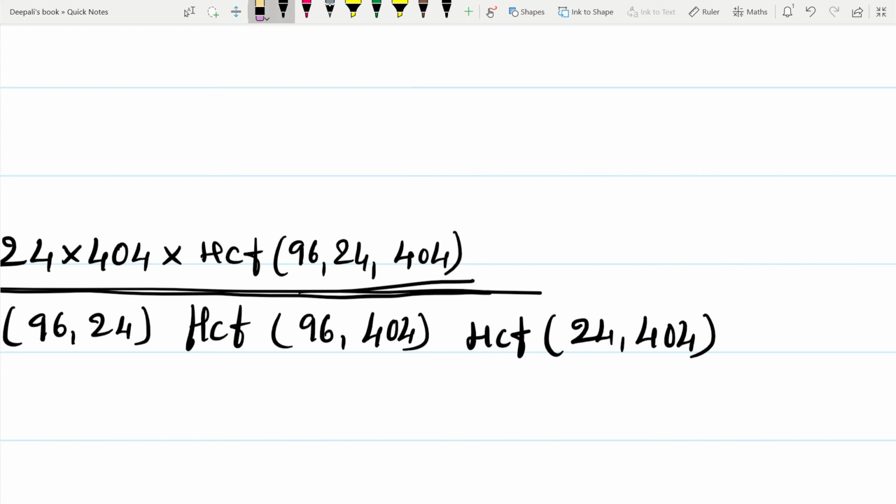Can you apply this formula? Yes, it's simple to apply this formula and find the LCM of three numbers together.